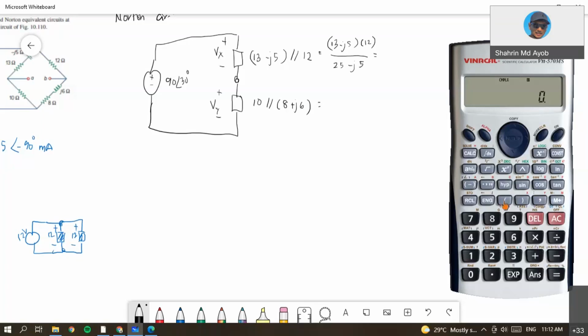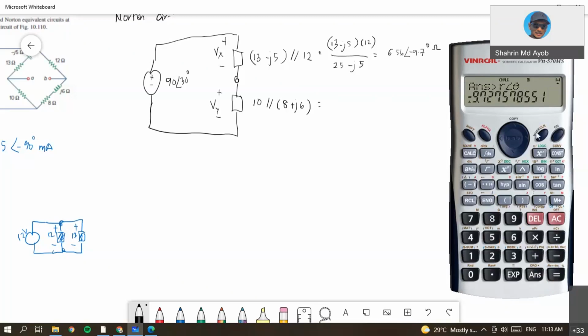So I use bracket here, divided by bracket 25 minus 5i. So usually I prefer to use polar form. So 6.56 angle negative 9.7 degrees ohm.